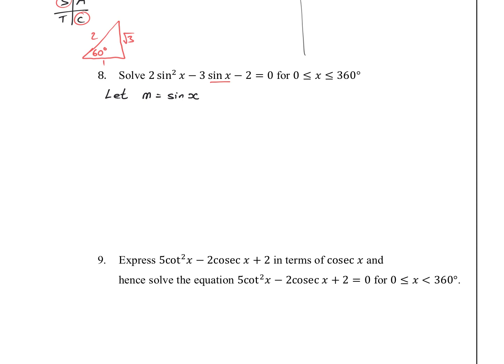If m is equal to sine x, our equation now becomes 2m squared minus 3m minus 2 is equal to 0. Now we have to factorise it so we can solve it.